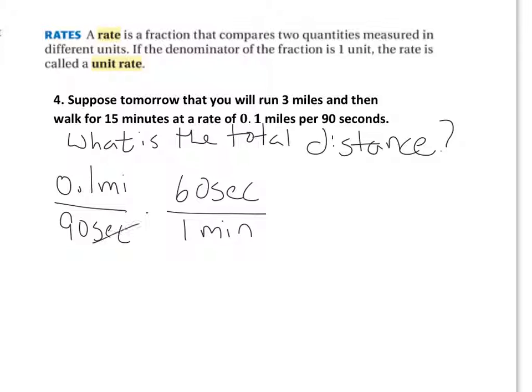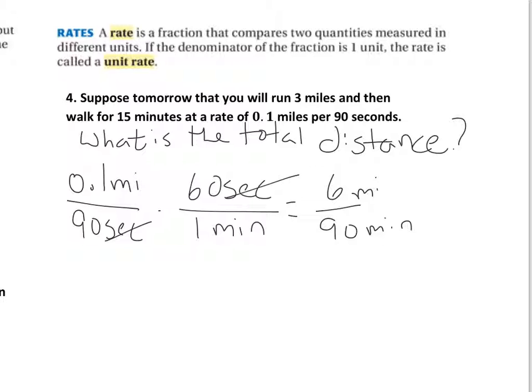And see, because that way the seconds will cancel out. And that equals 6 over 90, and that's miles per minute. And if we simplify that, it's going to be 1 mile per 15 minutes, because 6 goes into 6 once, 6 goes into 90 15 times.